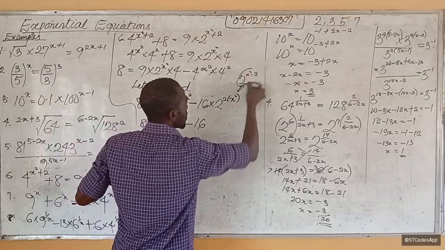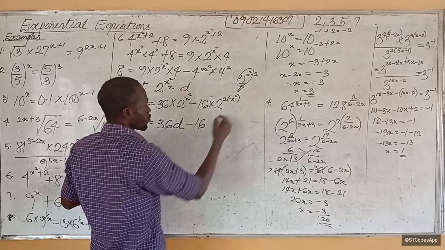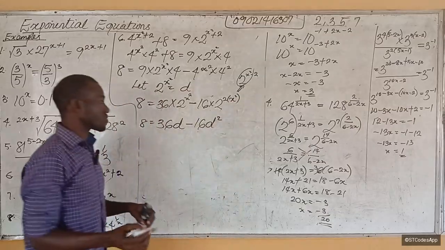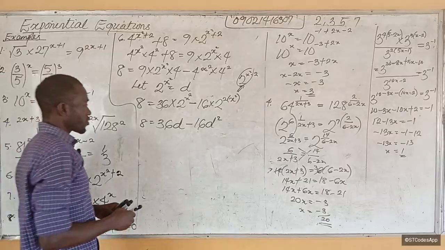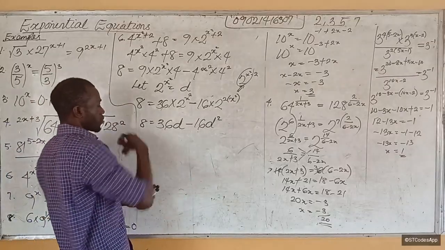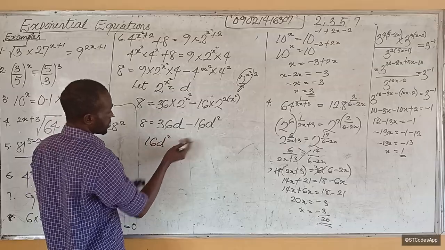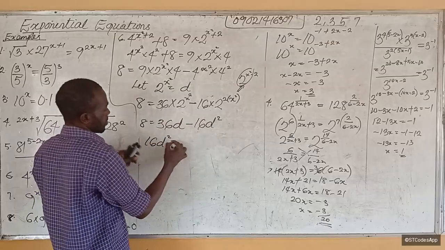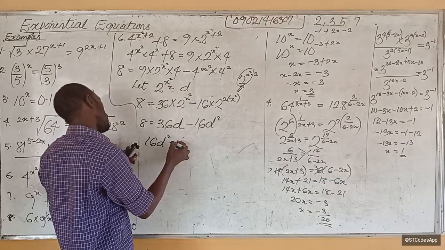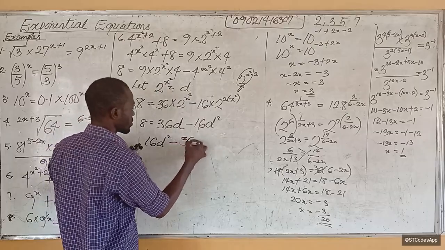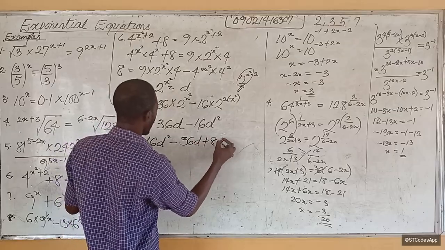This is now d, this here is d, then raised to power 2, that's d squared. Is that clear? So by the time I solve, let's make it positive. It becomes 16d squared. Bring this one here, bring this one here. Minus 36d, then plus 8 is equal to 0.